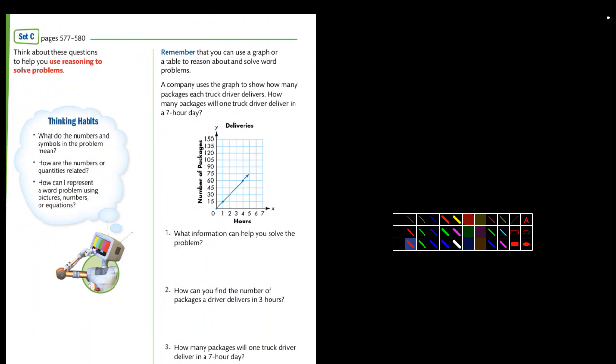That's okay. So set C, it says, remember that you can use a graph or a table to reason about and solve word problems. A company uses the graph to show how many packages each truck delivers. How many packages will one truck driver deliver in a 7-hour day? What information can help you solve the problem?